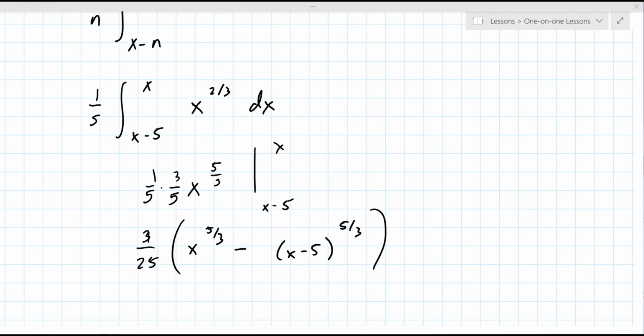And see which one it is. It looks like several of them. Wow, they all look kind of the same. Why?